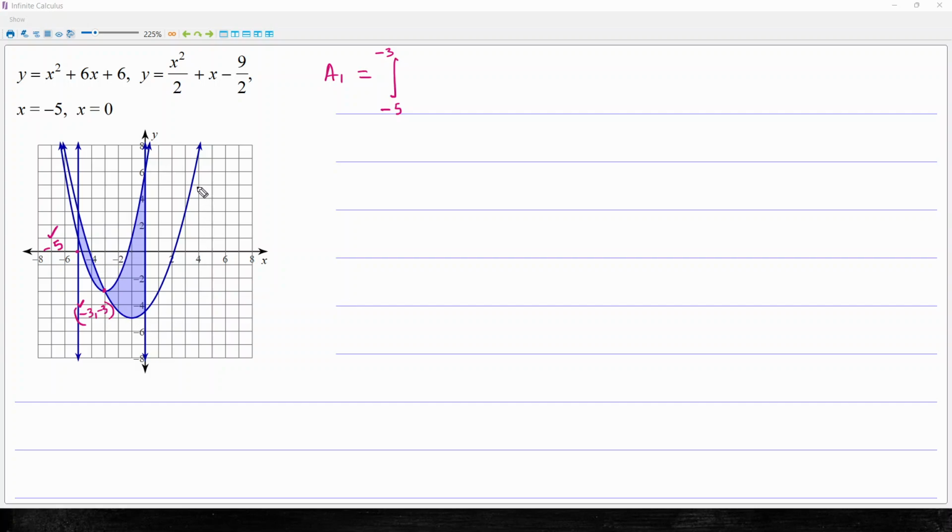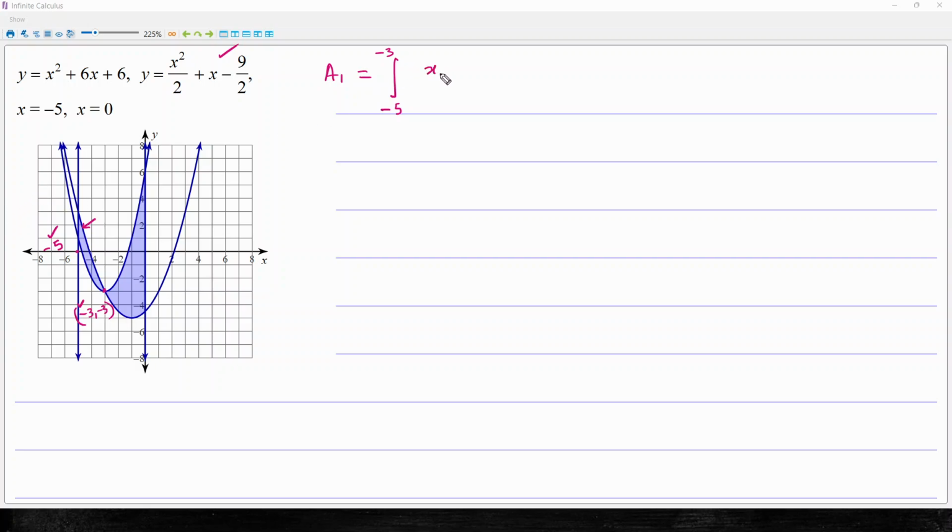The upper graph is this graph, and I'm just trying to figure out which one should be this graph.